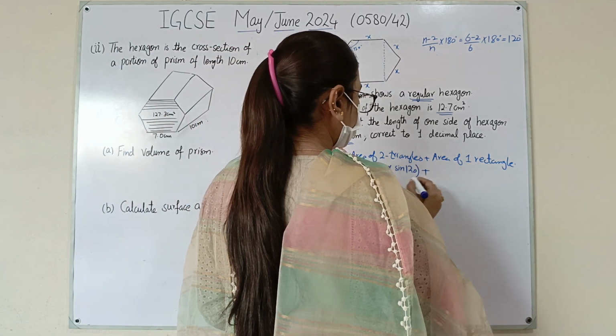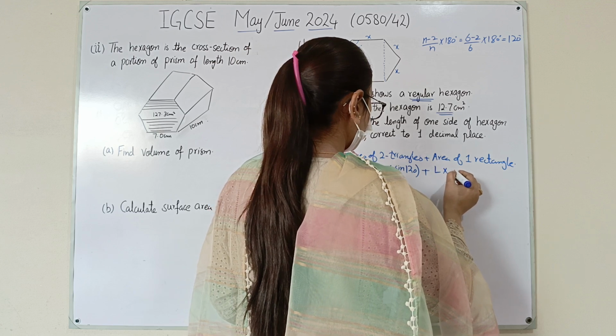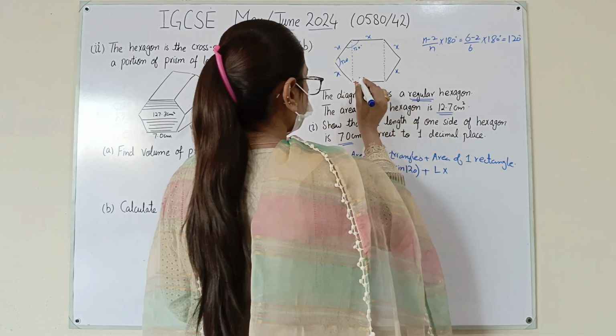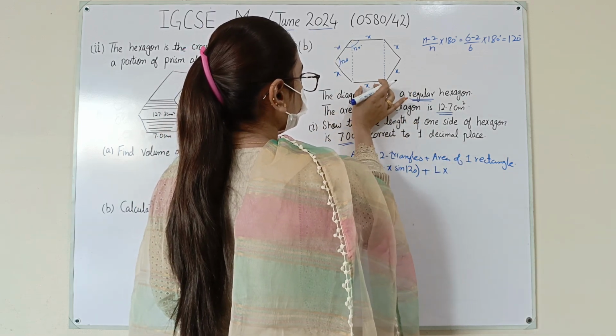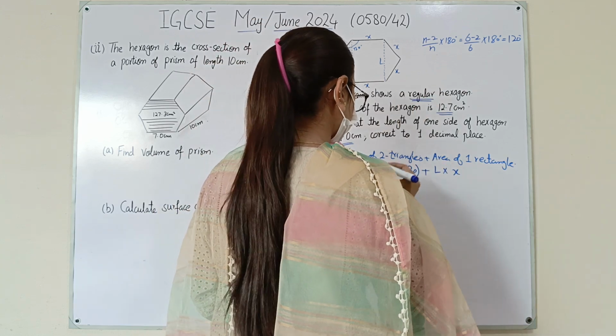While the area of a rectangle is length into width. This is the width, and this is the length actually. Length into width. So this is x.